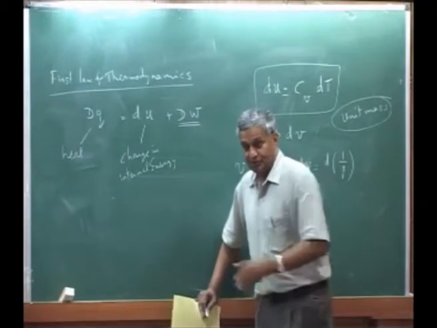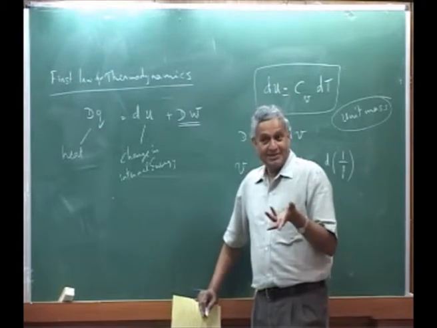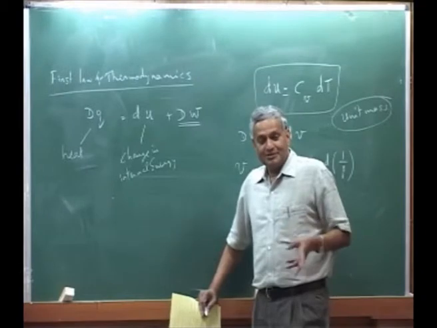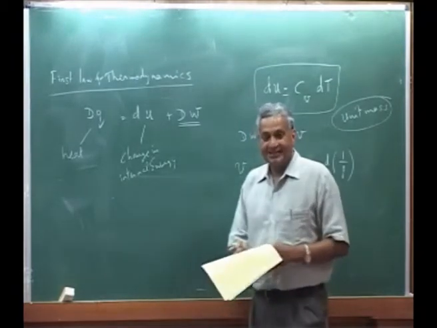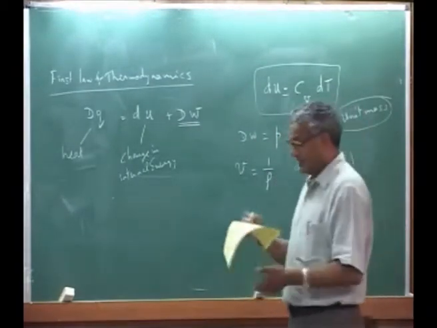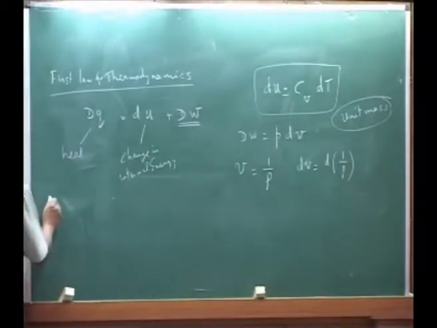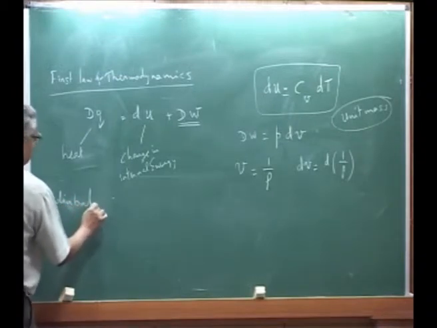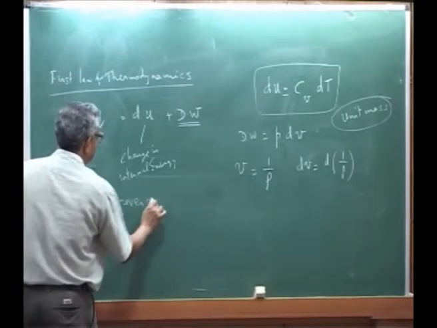If it is an irreversible process, I can have an adiabatic process, but it can be irreversible. But I am going to assume it is also a reversible process, therefore this is called isentropic. Please understand, I am going to assume adiabatic and reversible.